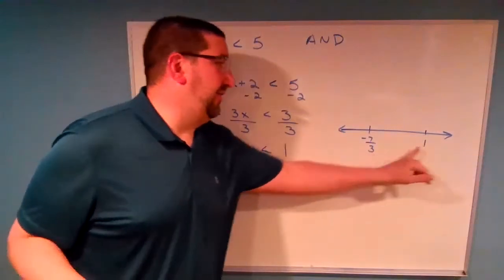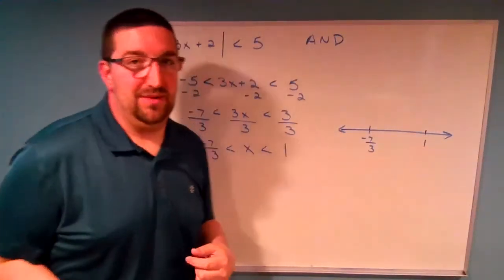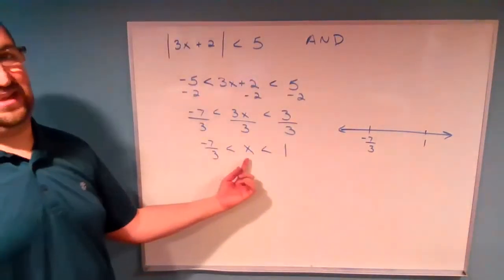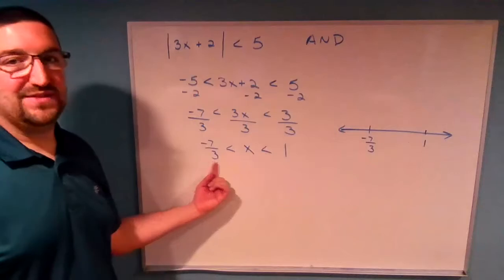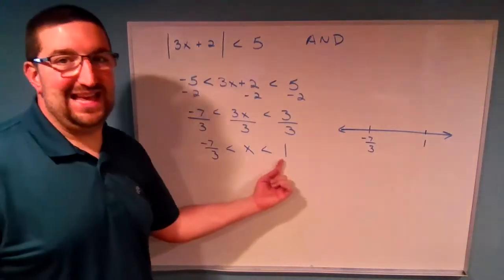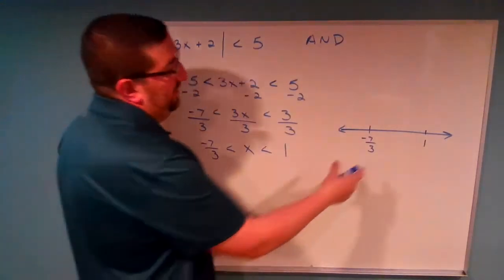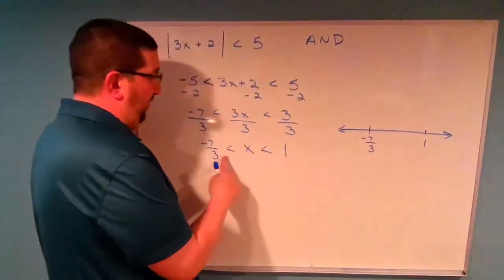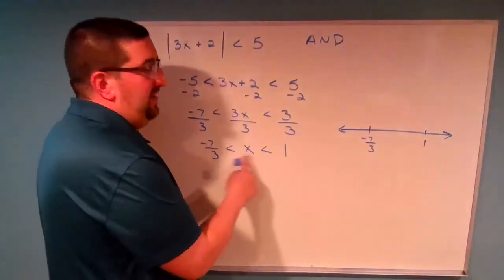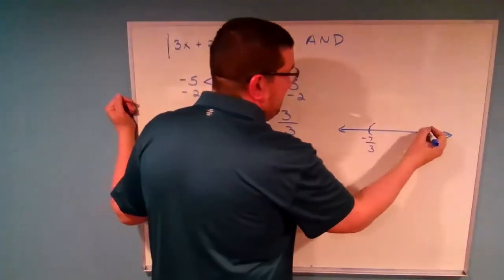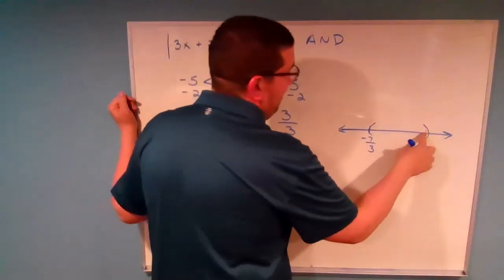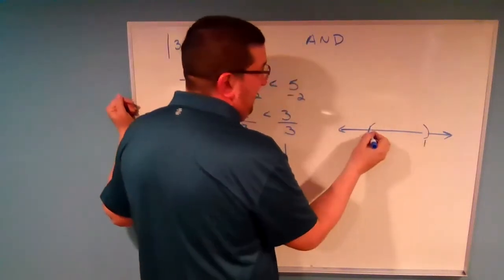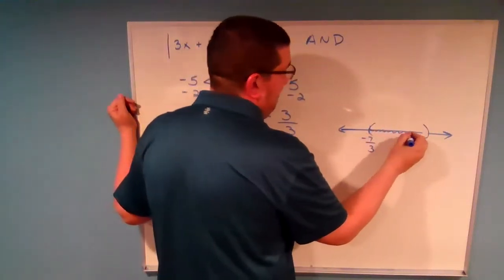Make sure they appear like they would on a number line. This is an and statement. So x is greater than negative 7/3 and less than 1. We're going to be shading in the middle. These are both not equal to, so we're going to be putting parentheses here on our number line. That would be the same thing as the open dot. And we will be shading in the middle.